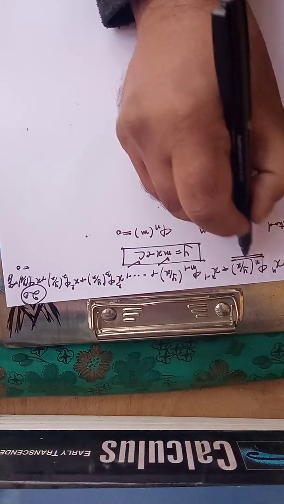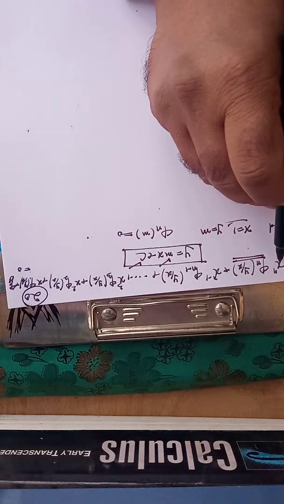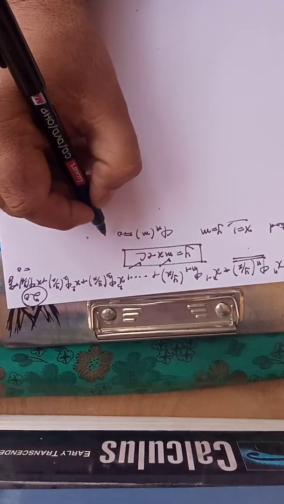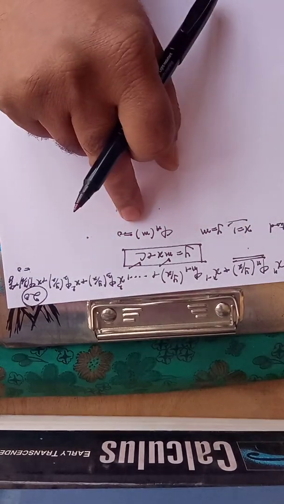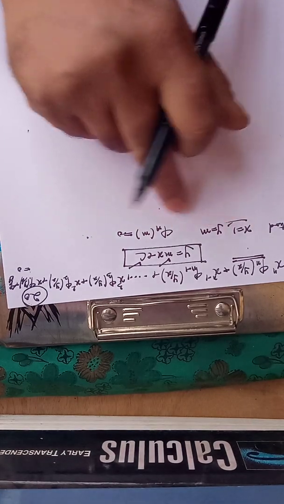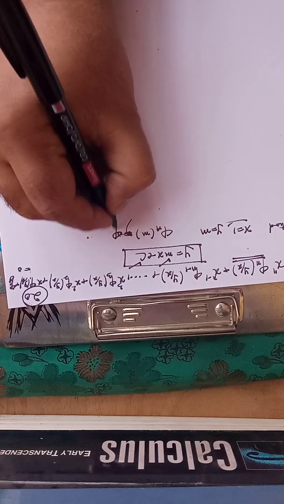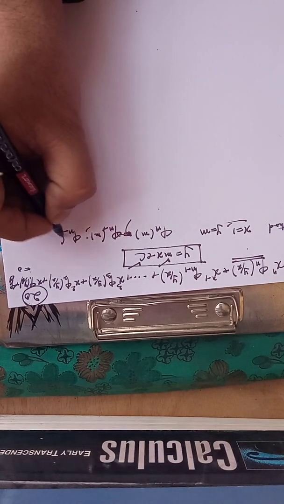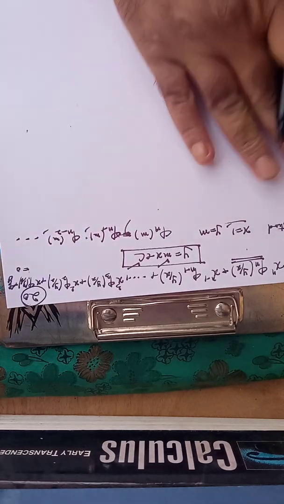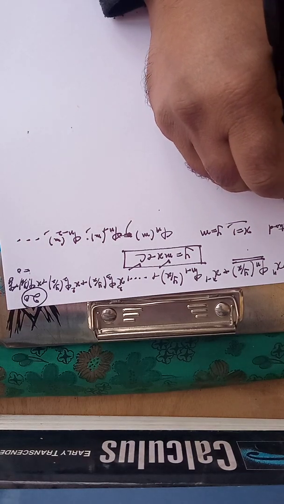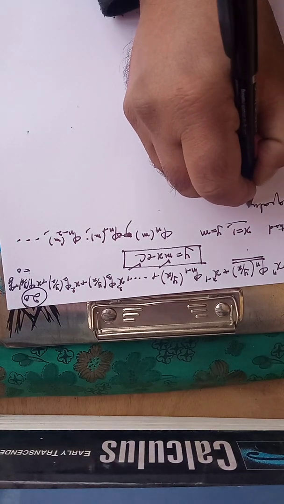If I put x equal to 1, y equal to m in phi of y by x, I will get phi n m, phi n minus 1 m, phi n minus 2 m, and so on, all the way to phi 3 m, phi 2 m, phi 1 m and phi 0 m.